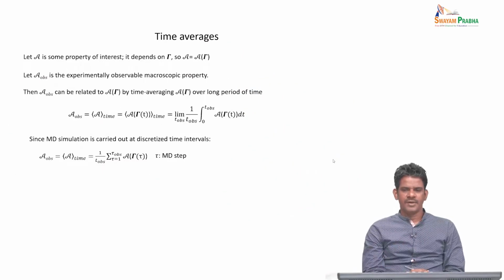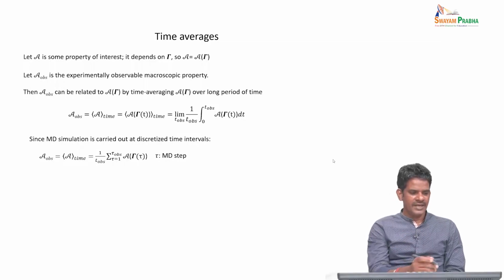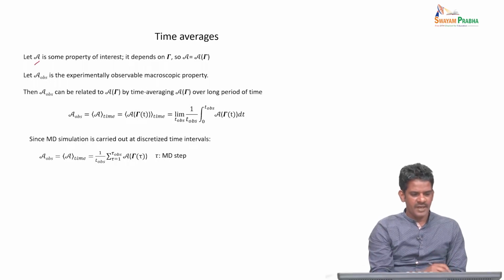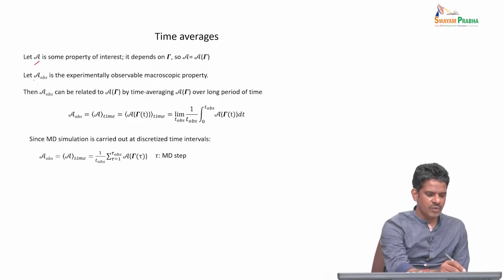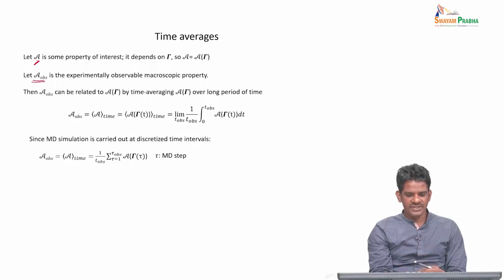Now we come to measuring a property during this mechanical state evolution through time. Let's say you have a certain property A that you want to measure in your MD simulations, so that you can compare it with an experimentally measured quantity. The experimentally measured quantity is known as A observed, and you want to calculate this property in your MD simulations.